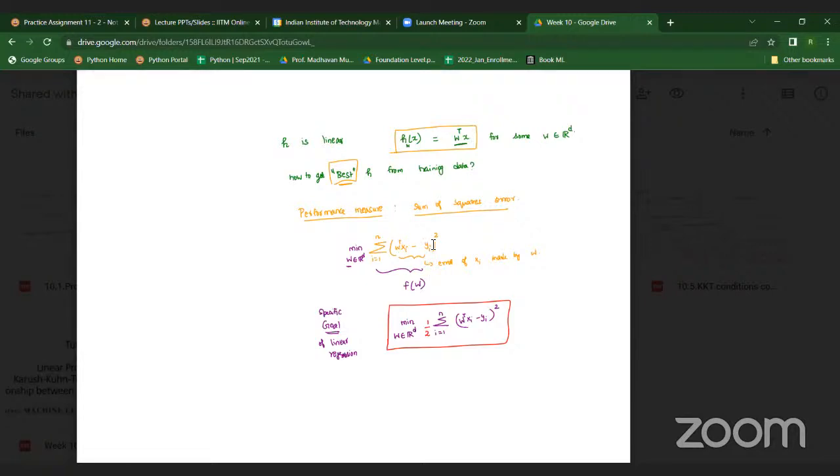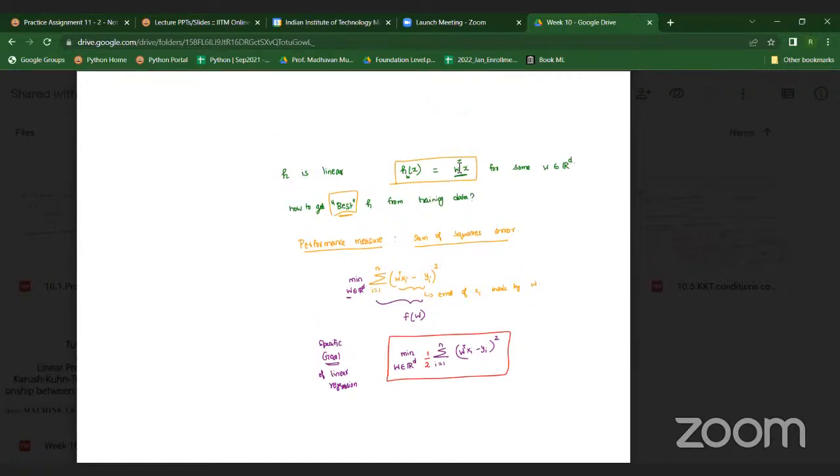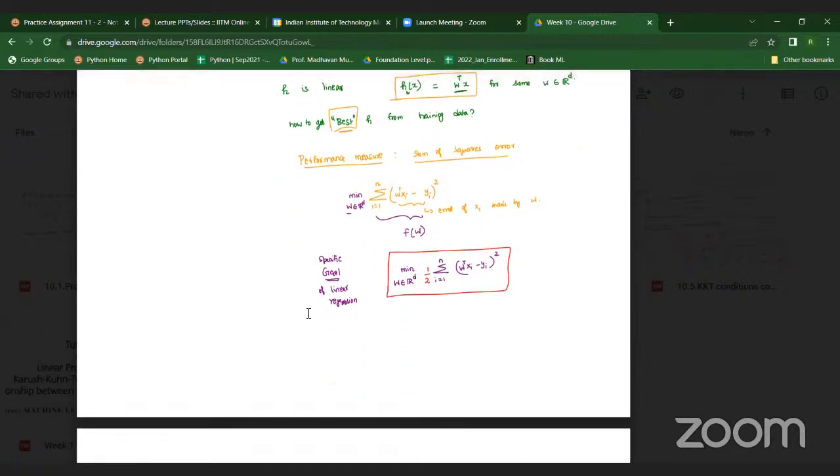The difference between the predicted value and the actual value is called the error, and the squared error we should be minimizing. If we are able to minimize the sum of the squared errors, then we can find the optimized w vector, which will be the solution for the linear regression model.